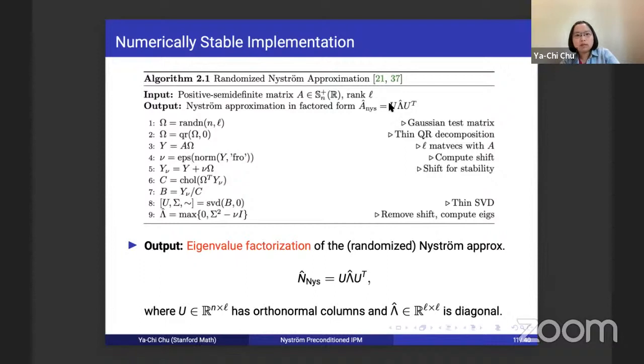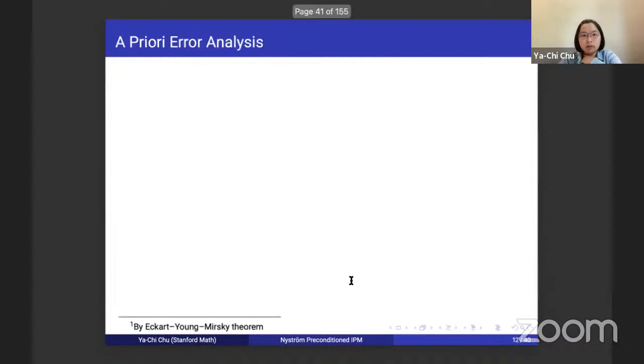This is a good property that we will use later to construct our preconditioner. So this is an important feature. U here you can understand as the approximate eigenvectors. We have L eigenvectors, and they are orthonormal to each other. And then the lambda hat here is a diagonal matrix, so you only need to store its diagonal vector, which has length L.